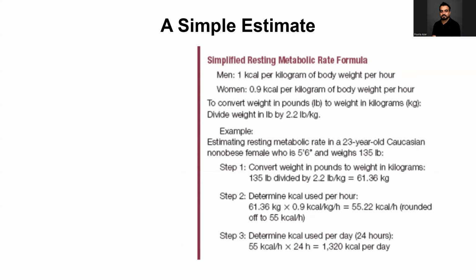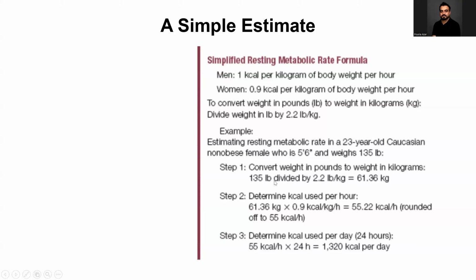There is also a simple estimate, which is the simplified resting metabolic rate formula. It is like this. For men, 1 kilocalorie per kilogram of body weight per hour. And for women, it's 0.9 kilocalorie per kilogram of body weight per hour.